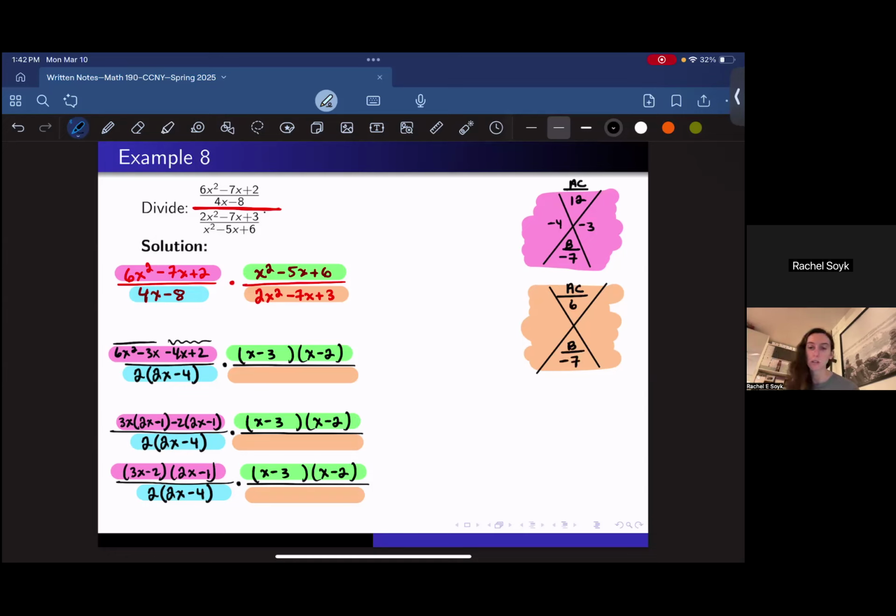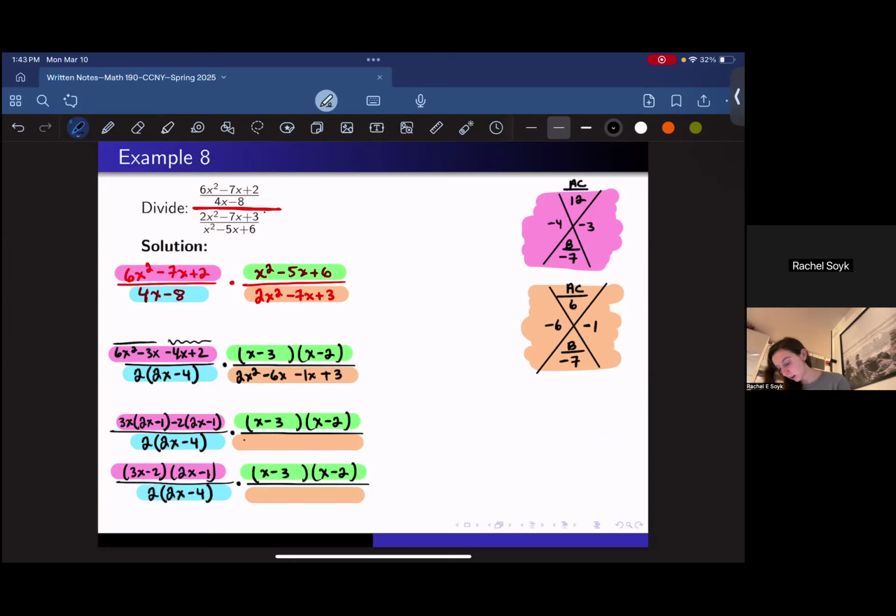For factor pairs of 6 that add to negative 7, we have negative 6 and negative 1. So now let's break this up into, keep the first term the same and the last term the same. And then we have a minus 6x and a minus 1x.